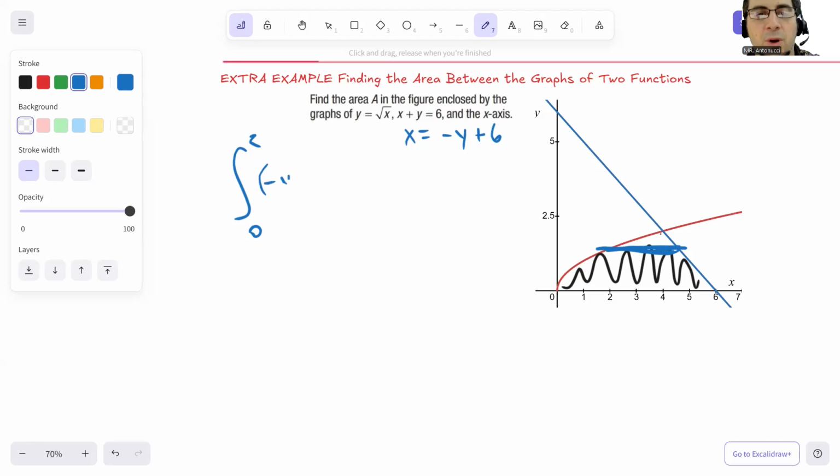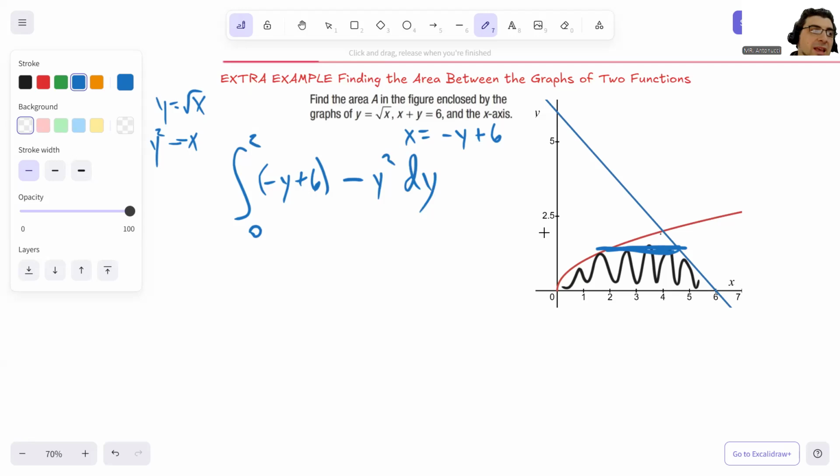Okay, so negative y plus 6 minus, so that's right minus left. Now the left is going to be the sideways square root graph, but if y equals square root x, I need to solve that for x, and x equals y squared, so minus y squared. Integrate with respect to y. And again, in this one, you're still going to get 22/3 as the answer.